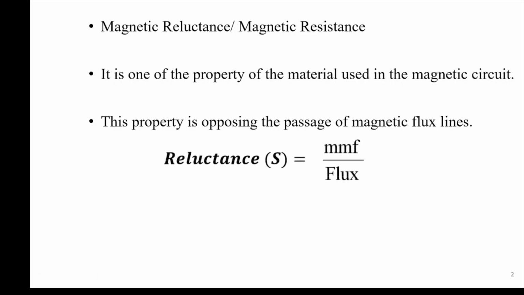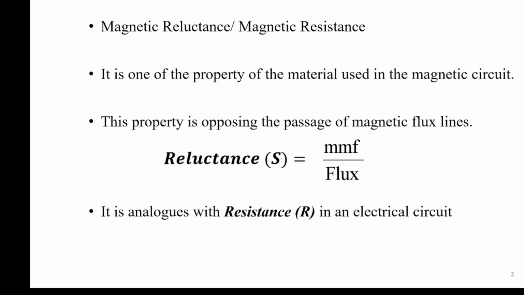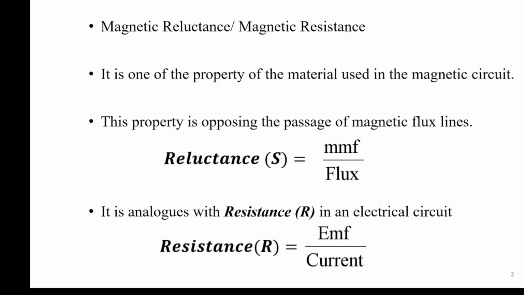So you have to see the formula. Magnetic reluctance equals mmf by flux. It is the Ohm's law for the magnetic circuit, where mmf is nothing but magnetomotive force. So the reluctance is directly proportional to magnetomotive force and inversely proportional to flux. In the electrical circuit, the resistance formula is equal to emf by current.